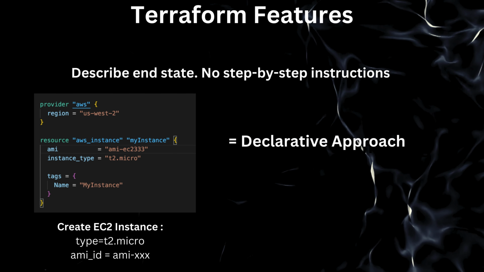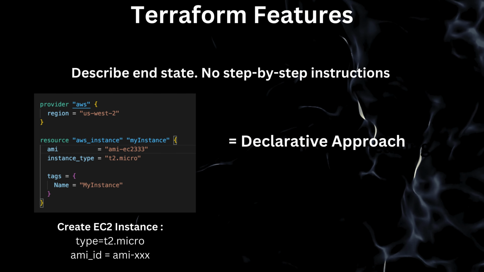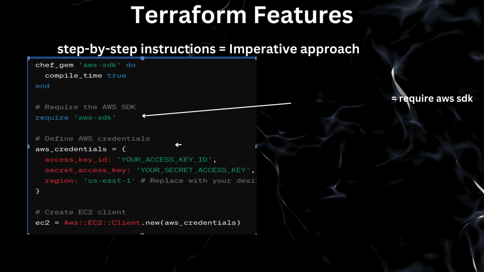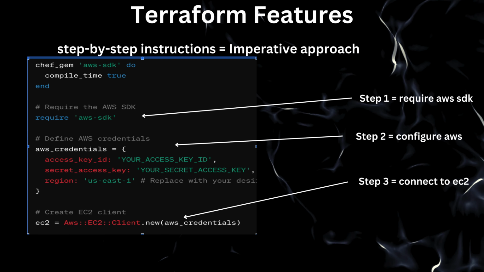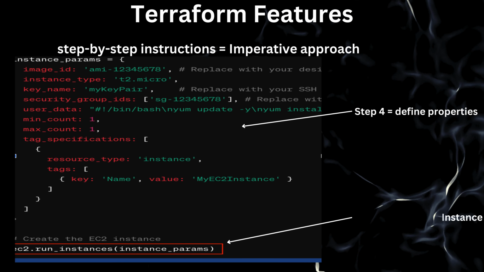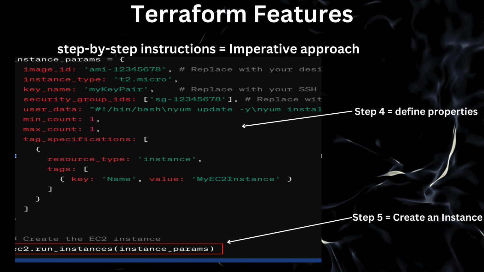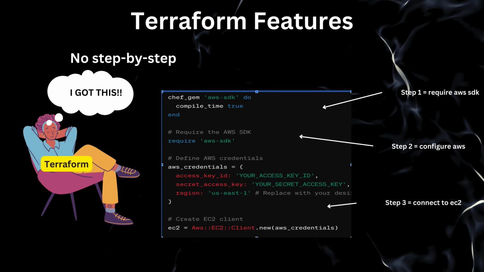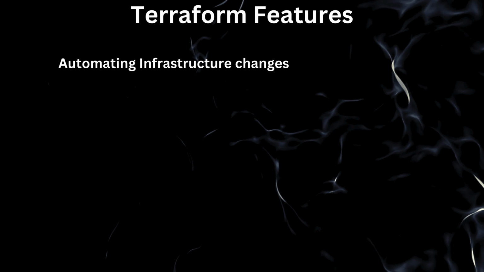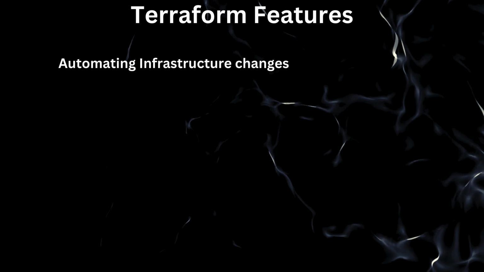You don't need to provide step-by-step instructions needed to create those resources. Unlike in traditional methods where you would have to specify each step for the server or database or the network that you may be creating, with Terraform, you don't need to provide all those detailed instructions. Terraform automates tons of changes for you in the background.